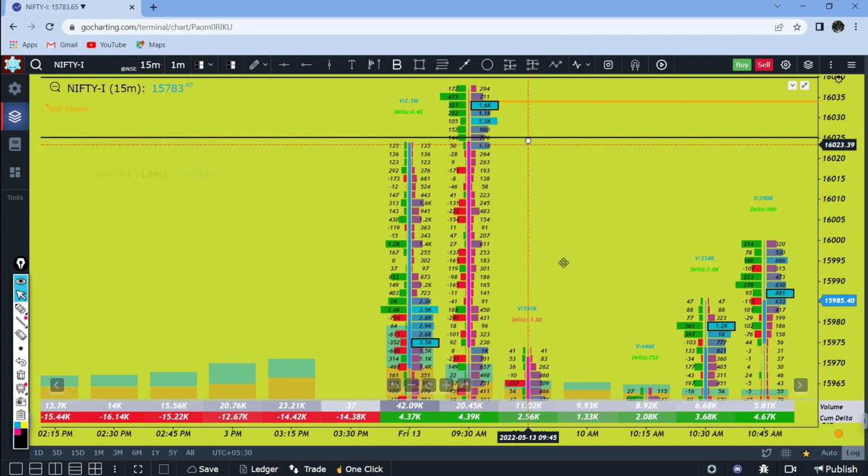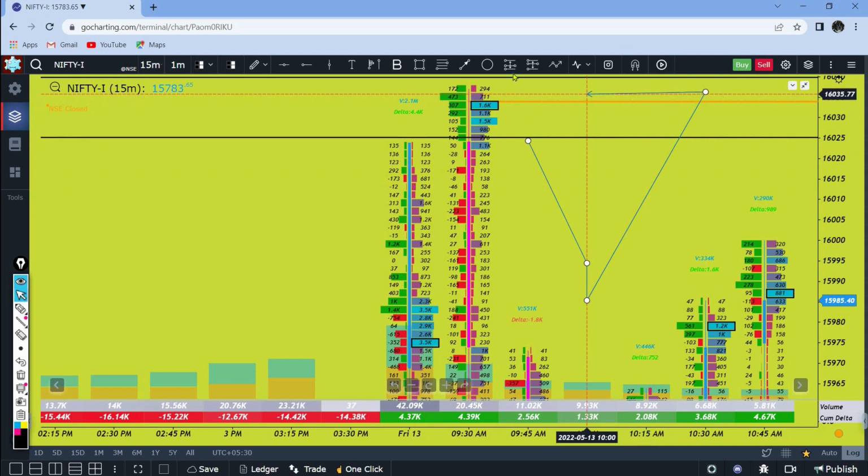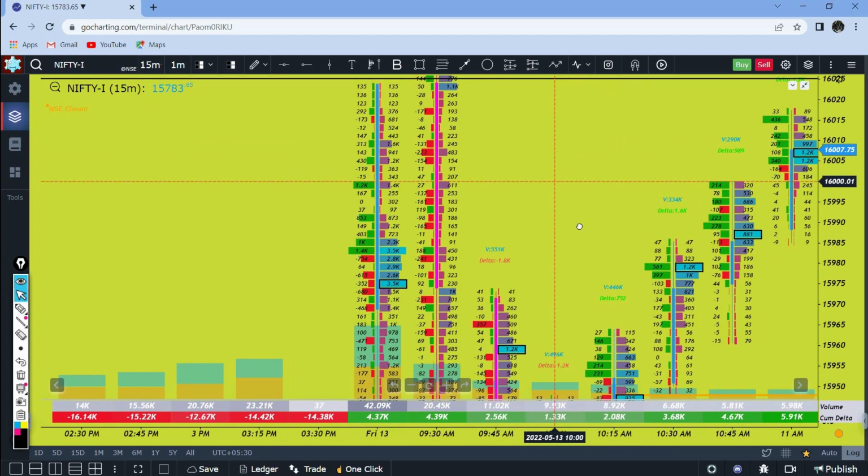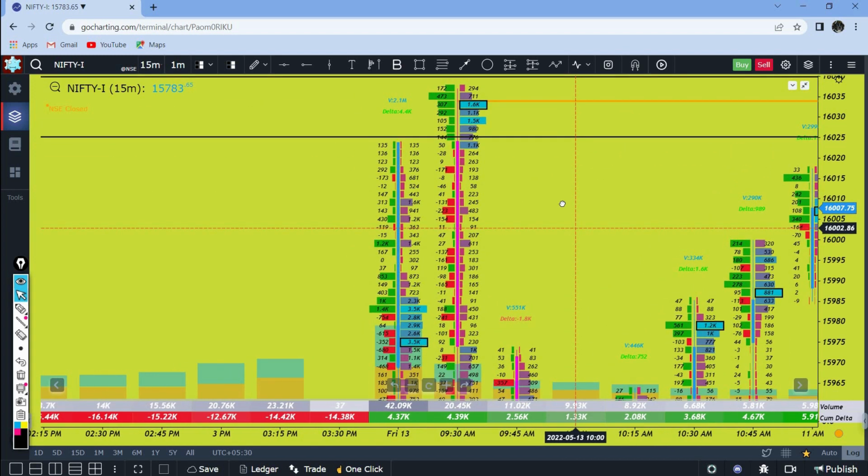Okay, it came back here to this cluster, comes back here and goes back up, and this time breaks it. So you get what I'm trying to tell you. So I am not sure that this is going to hold. So sorry for that. Okay, so where do I actually take a trade now?